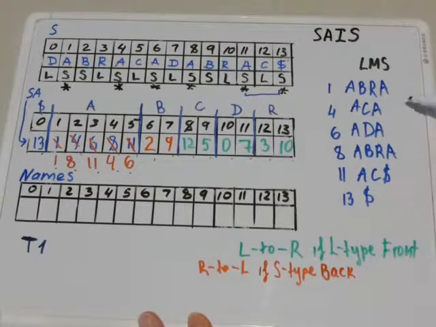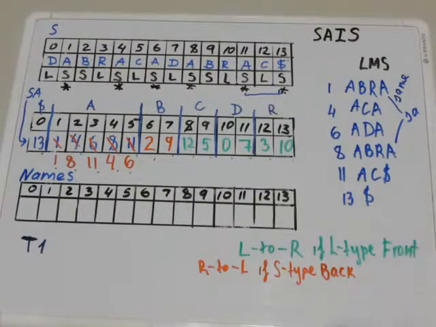If they are the same, as in case of Abra, then the name will be the same. If they are different, then the name will be assigned the next available integer. And we start naming with 0.